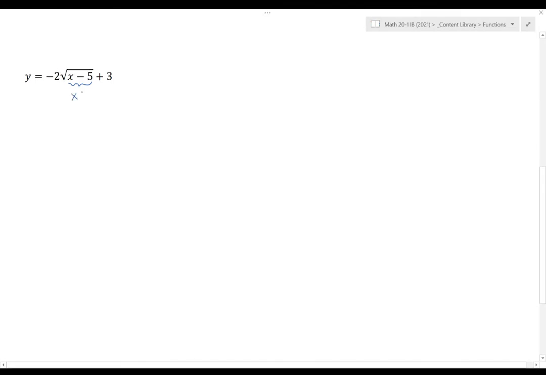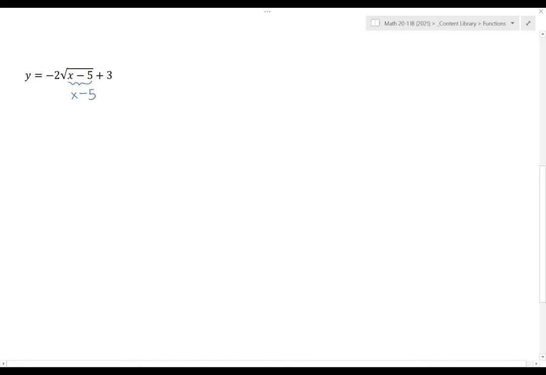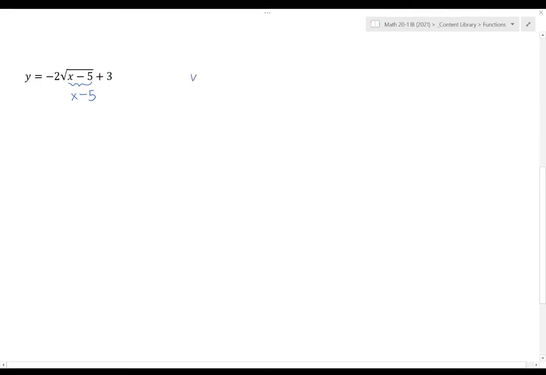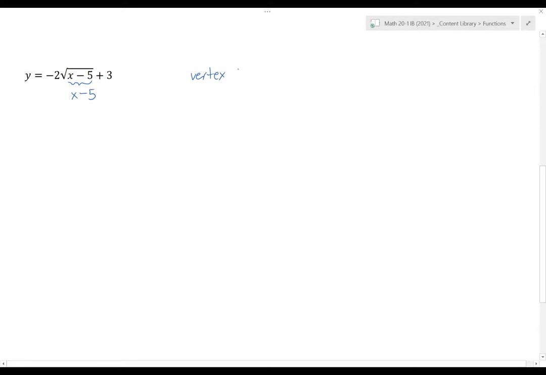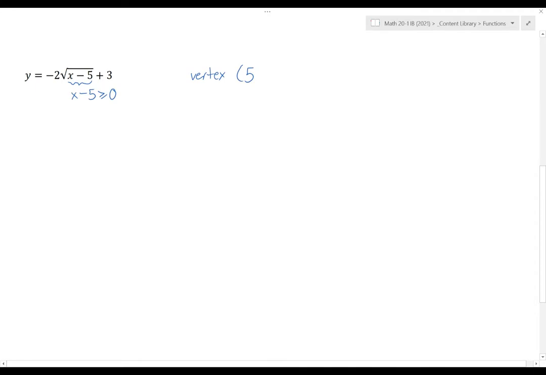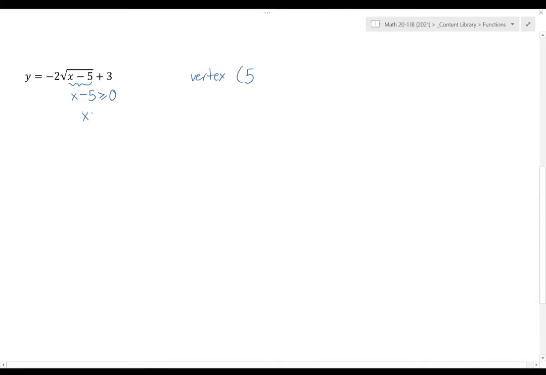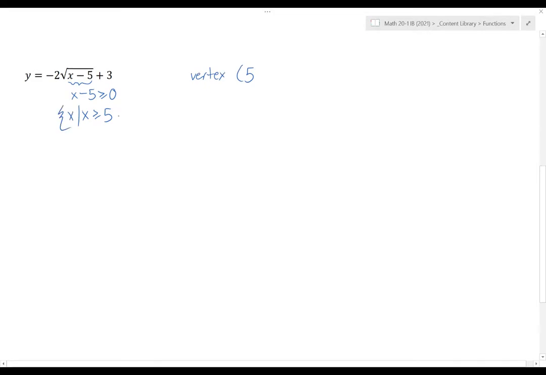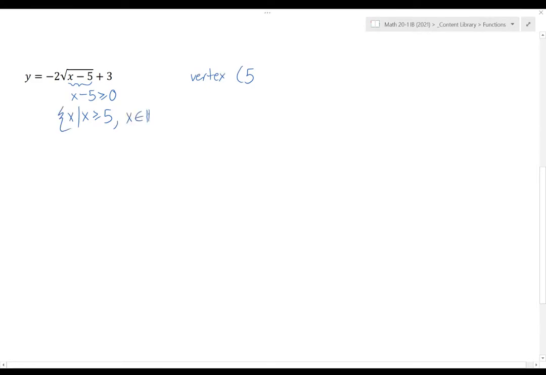So x minus 5 will be equal to 0 when x equals 5. So I'm going to have a vertex where the x value is 5. I also use that radicand to determine my domain, because x minus 5 has to be greater than or equal to 0. That means x is greater than or equal to 5. So proper notation, here is my domain.